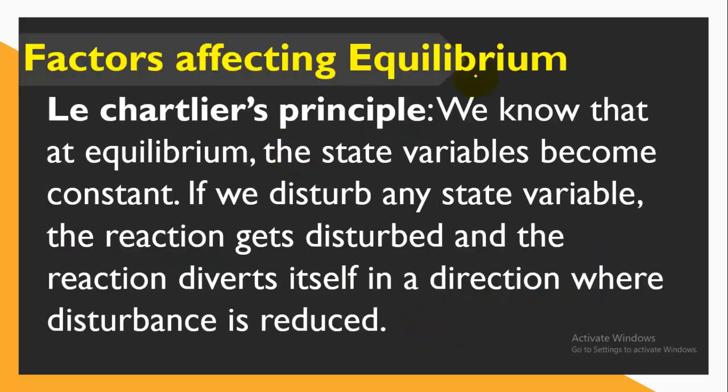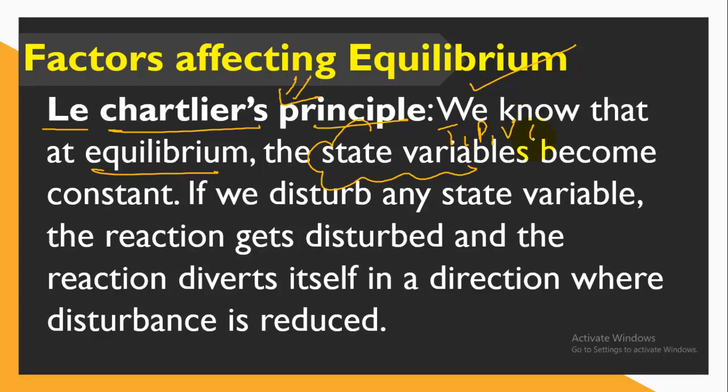Now let's study the factors that affect the equilibrium. These factors can be explained on the basis of Le-Chatelier's principle. This principle states that when equilibrium is achieved, the state variables, that is temperature, pressure, volume, and concentration, become constant.